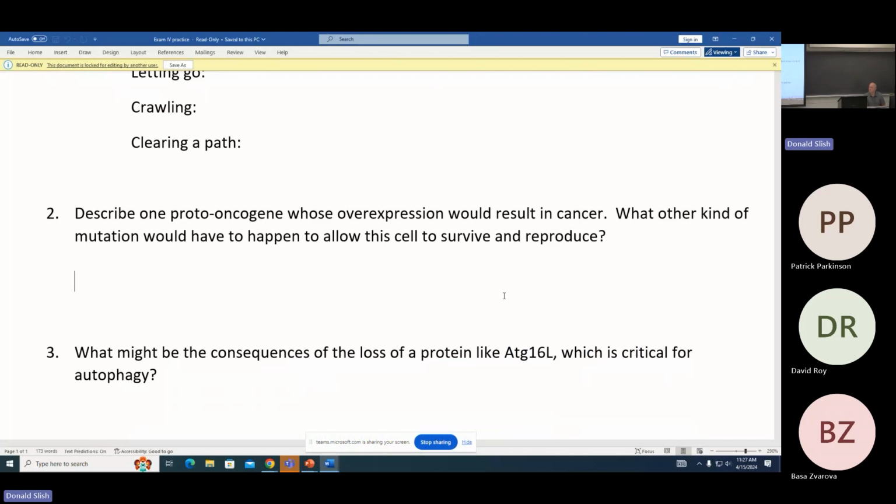Inhibit P53. Right, just like our HPV, right? Inhibit P53. What else? Think about that. What does P53 do? So basically, we're reviewing what we talked about on the last test on apoptosis.